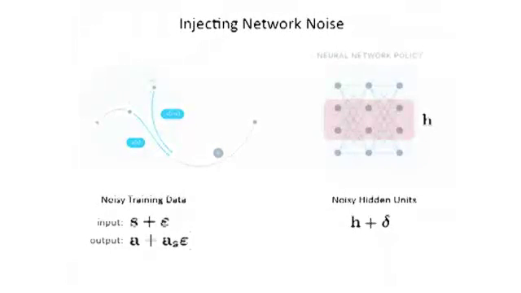I don't want to go into the details of this, but if you assume that this correction to the action is going to be linear, you can very efficiently calculate what the action should be in this corrupted or noisy state.